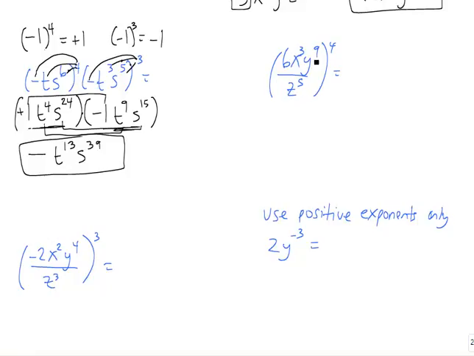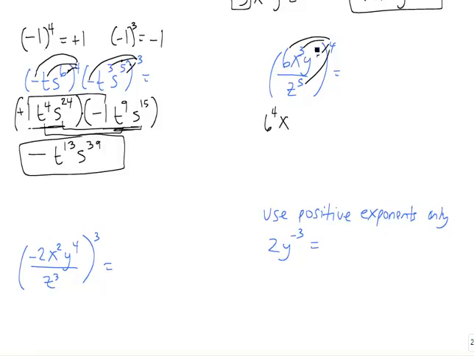Next example, we have a big fraction raised to the 4th power. Remember that we do get to distribute powers across division. So I'm going to distribute the 4 to the 6, the x, the y, and the z. Now 6 doesn't have a power on it already, so it's just going to get that 4th power.